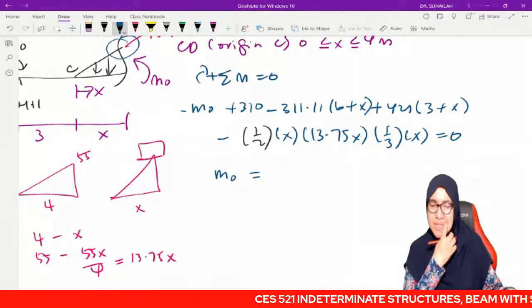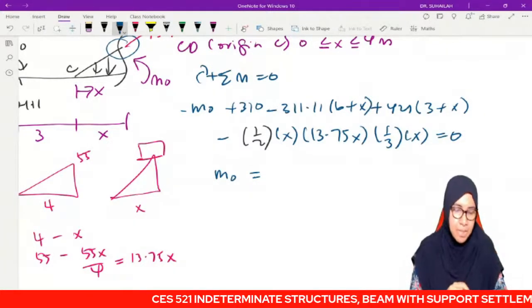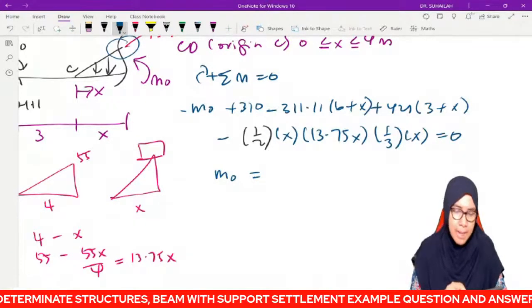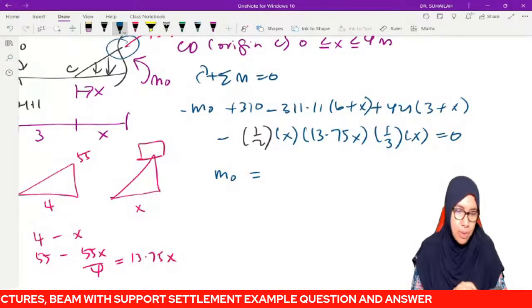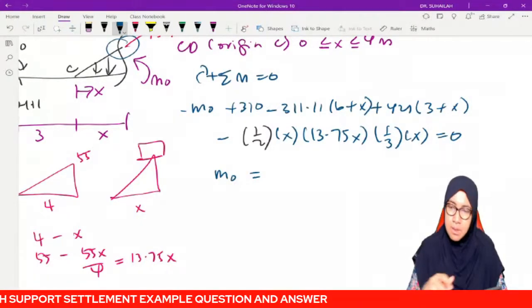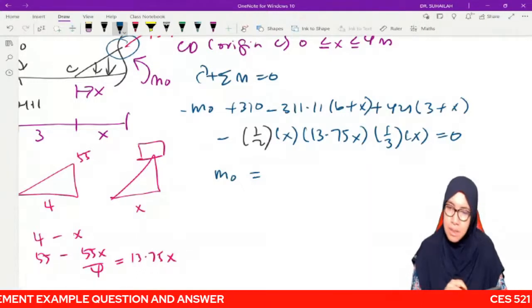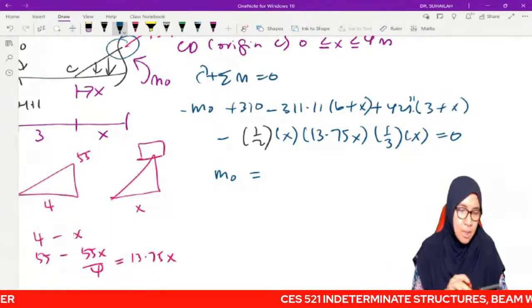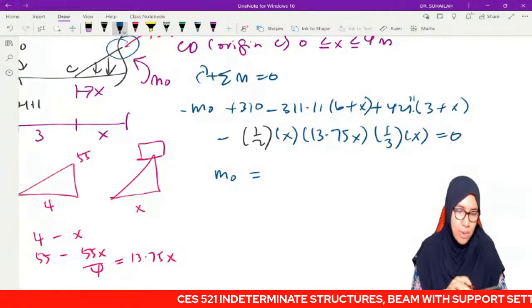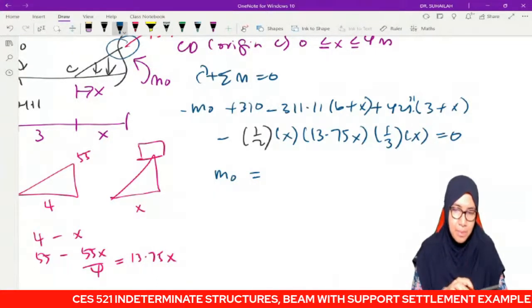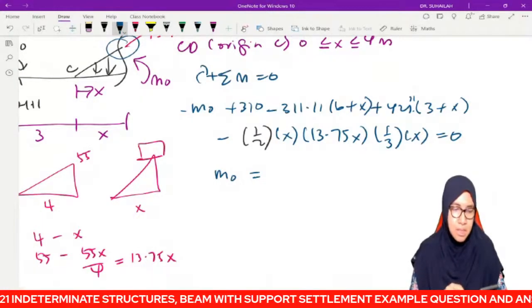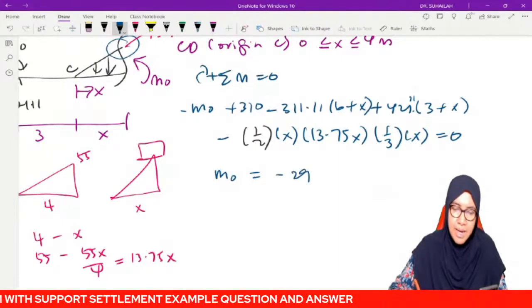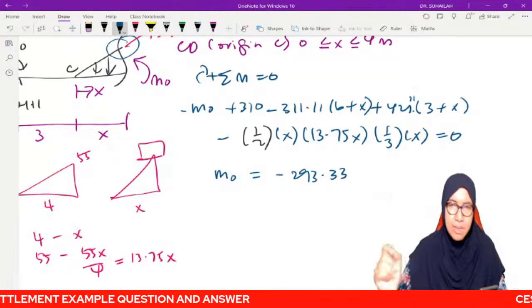It is 310, we minus 311.11 times 6, and then we plus 421.11 times 3, so we get negative 293.33.